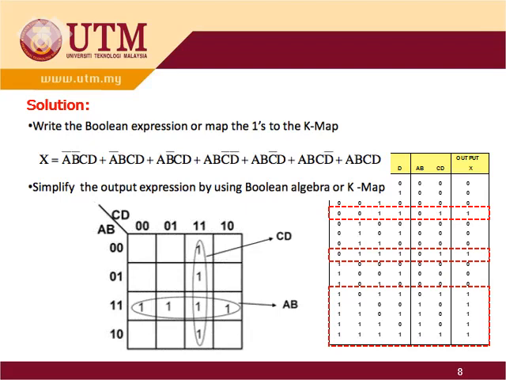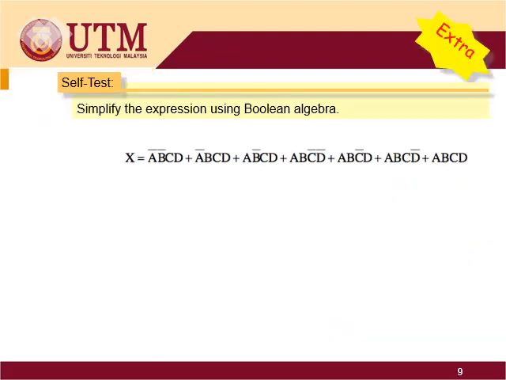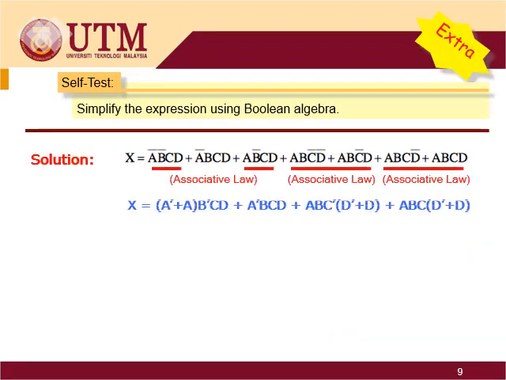I don't have to teach this again. You just look at your module 4 notes, your book, or the video, and you know how to get CD and AB. Also, the slide will show how to use Boolean algebra.